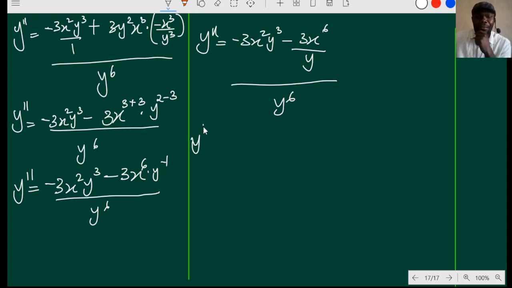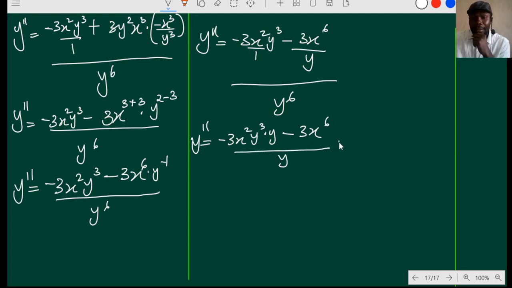So you now have some logical way. This is 1 over y. It will be minus 3x squared y cubed dot y minus 3x raised to power 6 all over y dot 1 over y raised to power 6. Because this is y, but it's still dividing.